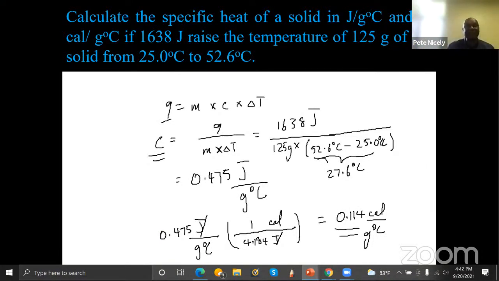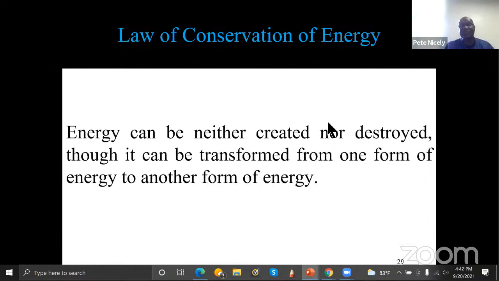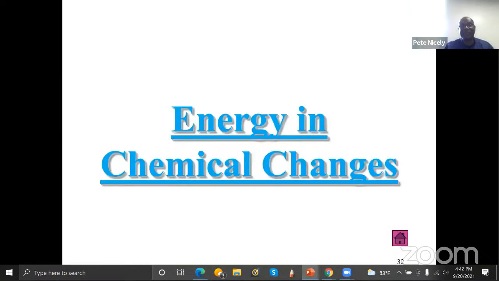All right, so if there are no other questions, let's see. Okay, what's going on here? We talked about conservation of energy. We did this example. Okay, so let's talk about energy changes in chemical reactions.